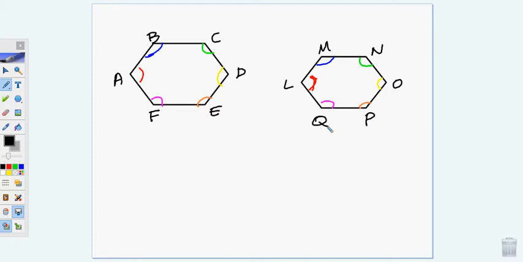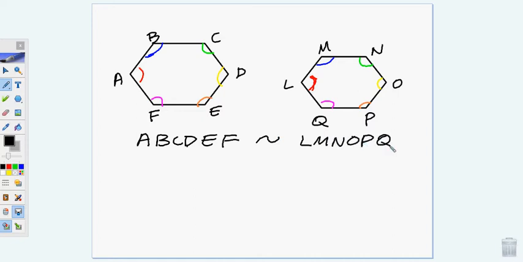Okay, I can say that polygon A, B, C, D, E, F in that order, and this is the symbol for similar, is similar to L, M, N, O, P, Q.